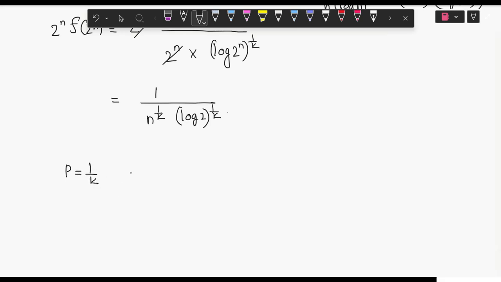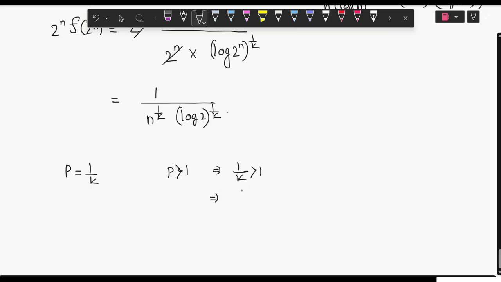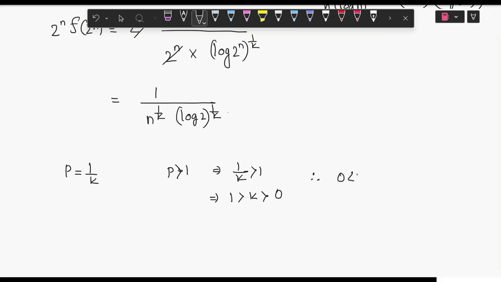We know that this p series converges if p is greater than 1 and diverges for p less than or equal to 1. So p greater than 1 implies 1 by k is greater than 1, and as I have considered k positive, 1 is greater than k, so 0 less than k less than 1. This is the range when k is positive.